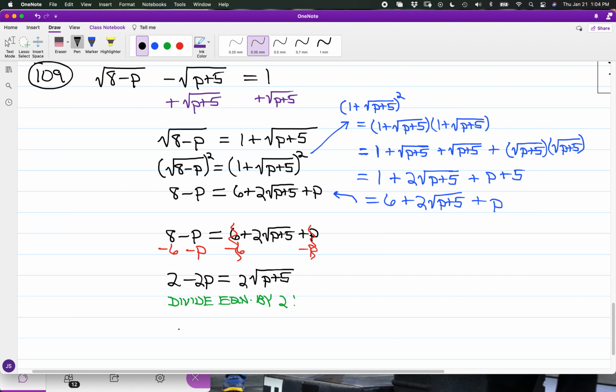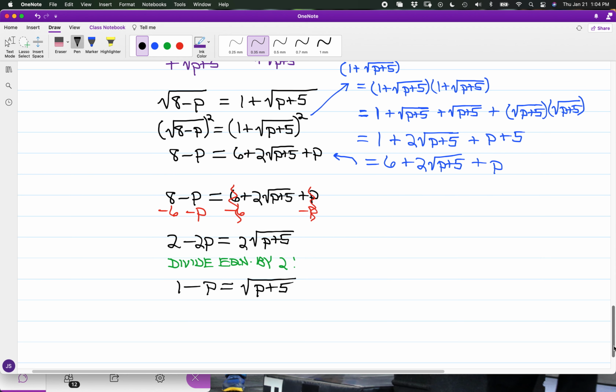So you have 1 minus p is equal to the square root of p plus 5. And if we square both sides once more, there will be no more radical left over.